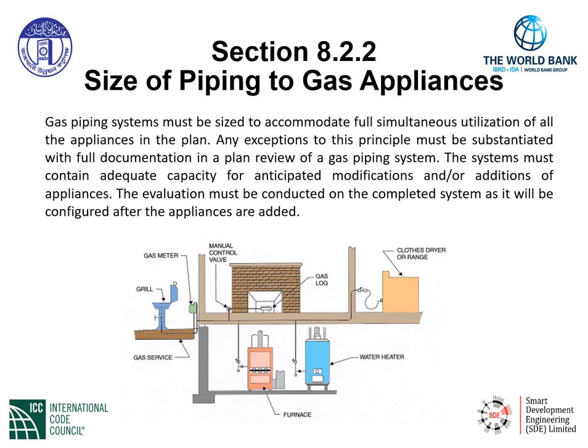However, any exceptions to this principle must be substantiated with full documentation in a plan review of the gas piping system. The systems must contain adequate capacity for anticipated modifications, maybe additions, or additional appliances. The evaluation must be conducted on the complete system as it will be configured after the appliances are added.